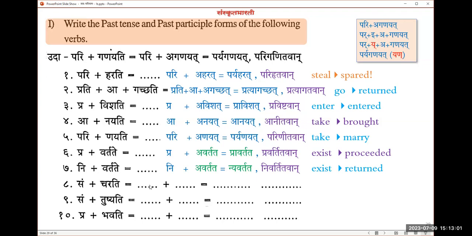Okay. So now acharat. What is charati's bhutkala? Acharat. Okay. How does it join now? Samcharat. Sam plus this thing is samacharat. Okay. So we have to bring back the makara here, because now the makara joins the akara.